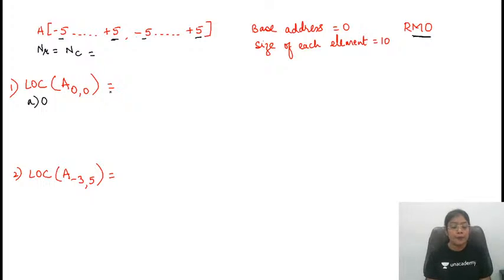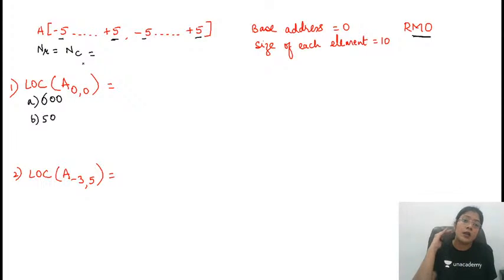600, okay, 50, 600, option B 50. Is 50 the number of rows or columns, or is it the answer for the location of the element 0, 0? Okay, so how do we find the number of rows or columns?